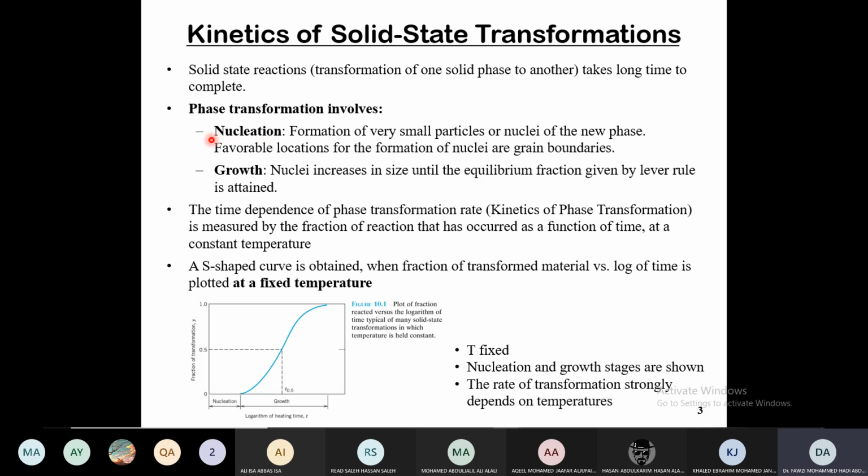The first stage is referred to as nucleation, which is the formation of very small particles or nuclei of the new phase, like in the transformation that we saw from austenite to austenite plus ferrite. At the grain boundaries, the ferrite was forming. This formation of the new phase happens by diffusion, the movement of atoms.